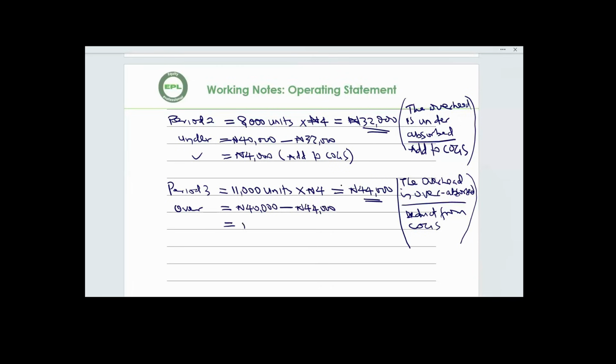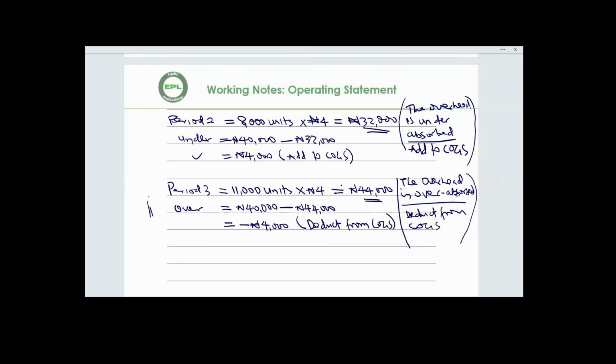The difference of 4,000 naira should be deducted from cost of goods sold.